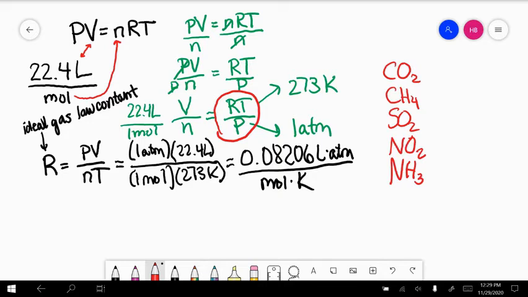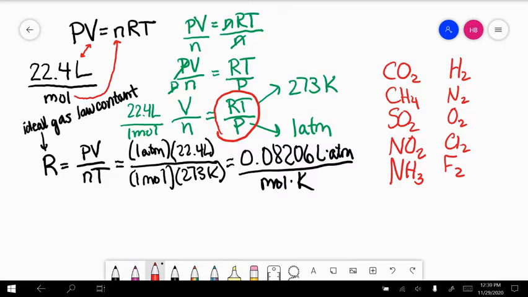And then we have our diatomic gases, which are elemental gases that come in pairs. Those also have the same volume if they have the same temperature and pressure. So N2, O2, H2, Cl2, F2, and so on and so forth.